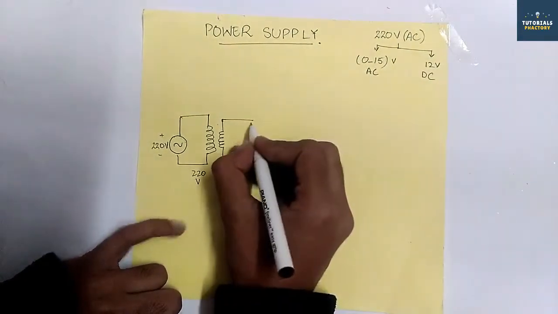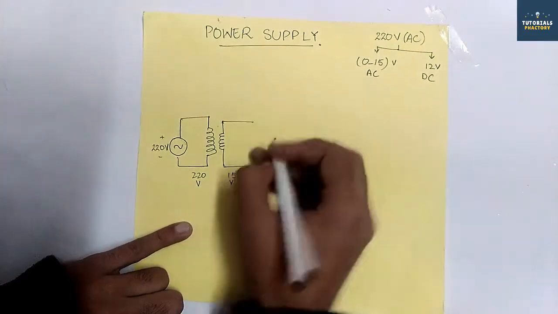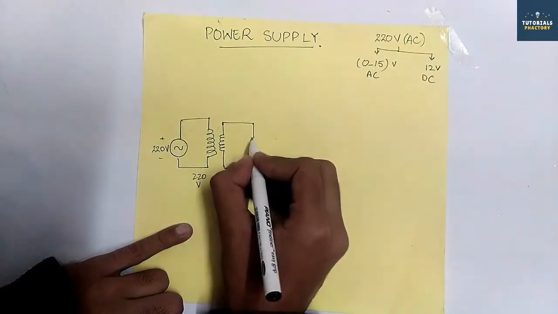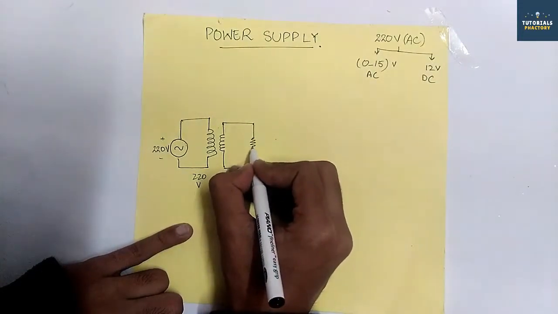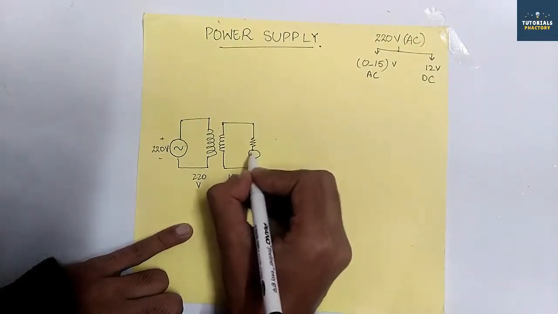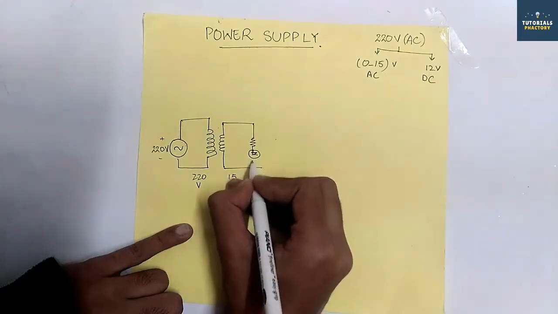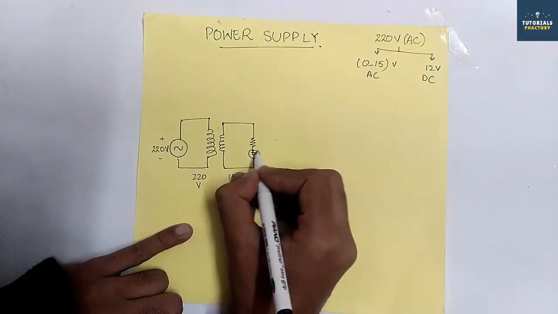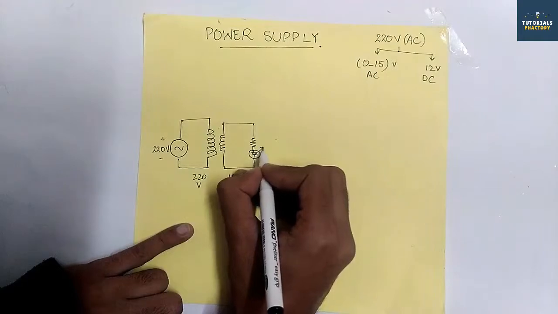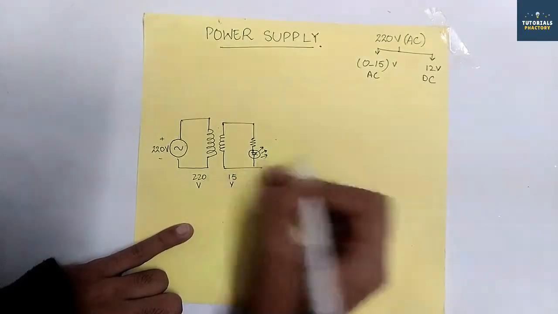Now for our convenience, we will just place a resistor and an LED, which will show us whether the input is being applied or not.